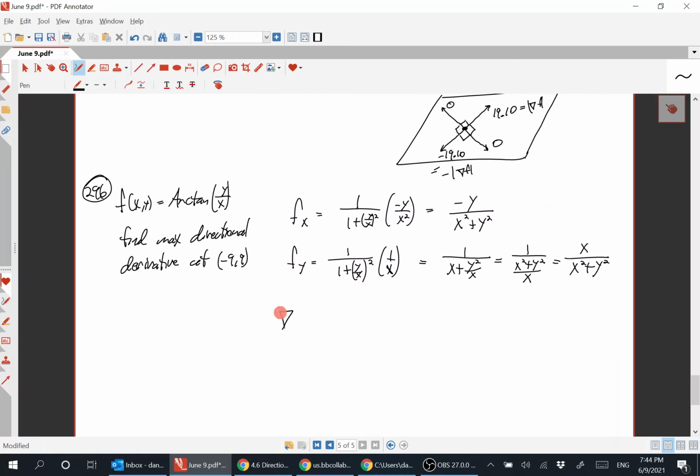So the gradient of f is equal to minus y over x squared plus y squared, comma x over x squared plus y squared. What do you notice about that, by the way? The length of the gradient.